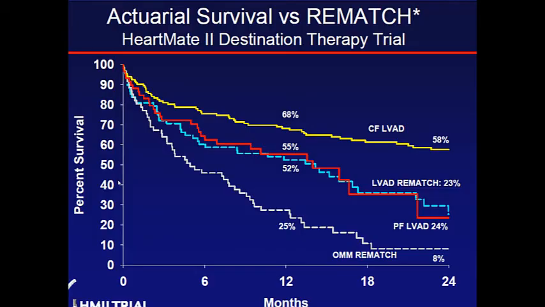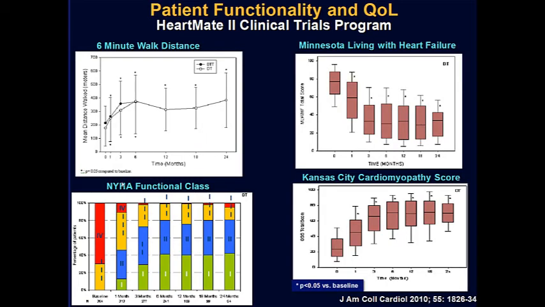This is the survival curves, looking at the continuous flow LVADs, and this is for the destination arm. Their 1-year survival was around 68%. Now it's a little bit better. 1-year survival for the DT arm is around 78%, 76%. So as the clinicians get better at taking care of these patients, the survival improves.